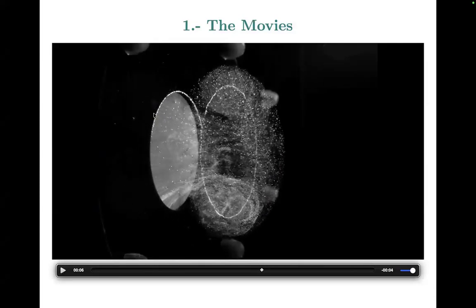Of course, this is the typical vortex ring that you can generate by putting smoke inside of your mouth and then pushing very strongly, very abruptly. And in this case, what you have is a nozzle where you have put some bubbles on the top, and then you push, you create a stream through the nozzle, and eventually this is what you see.